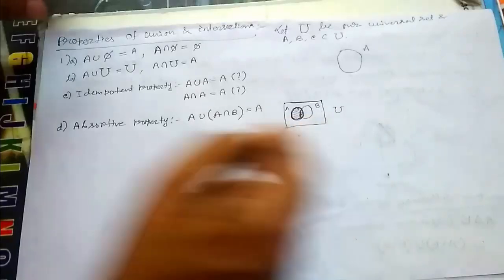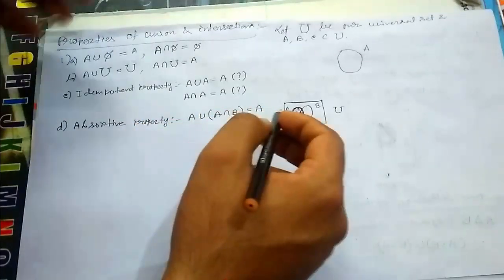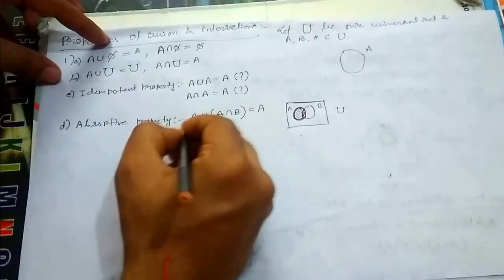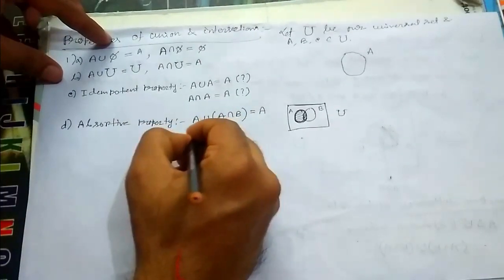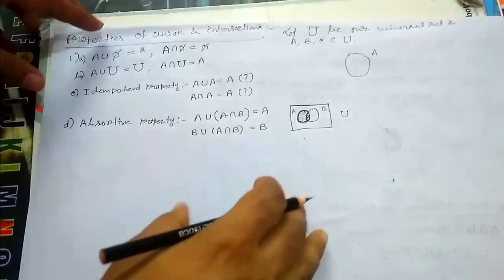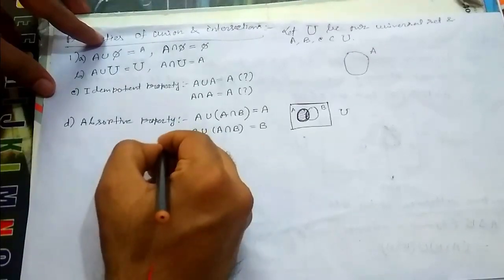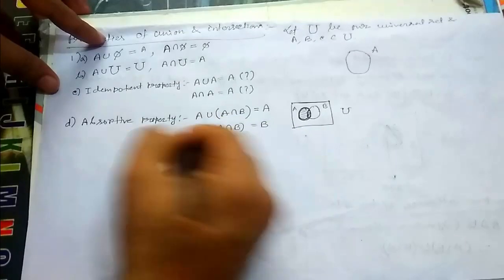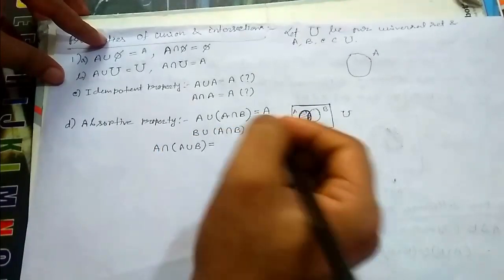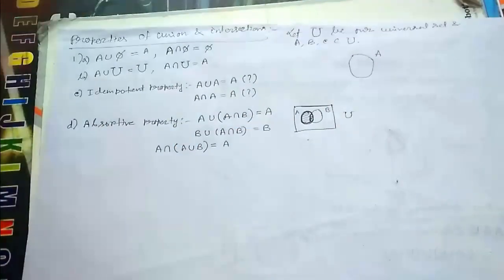So this is very much clear from this picture that A union of A intersection B is equal to A, and similarly if you take this, then you will get B. Okay, and if you take intersection between A and A union B, then this also gives A. Why?